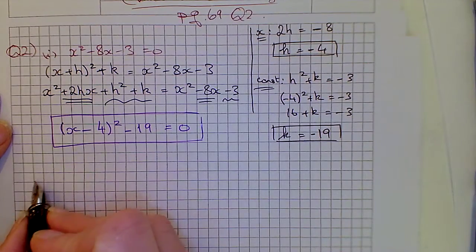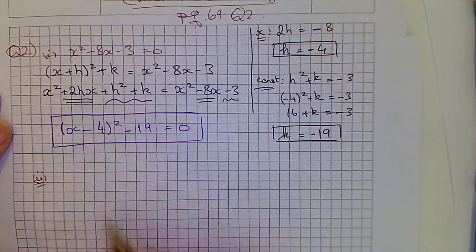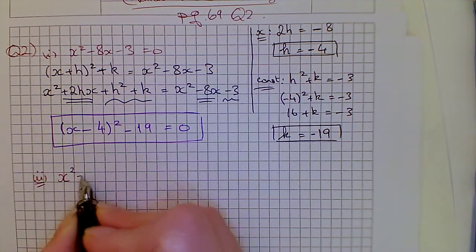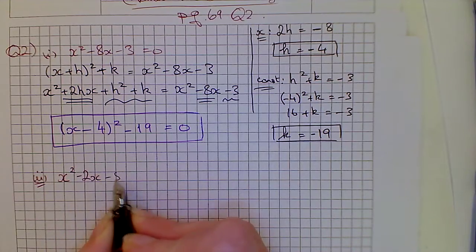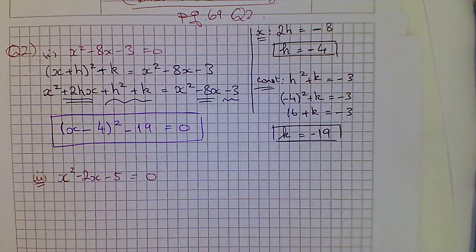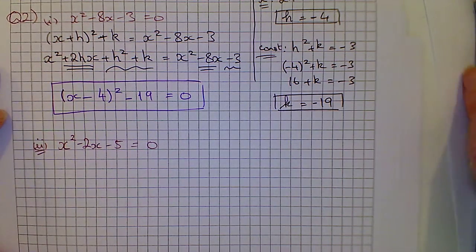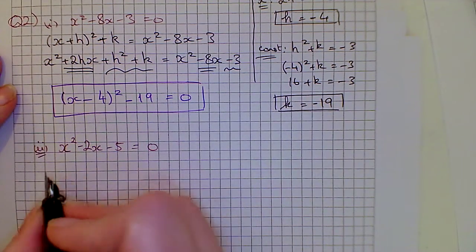If you're able to use the shortcut and do these faster, that's no problem at all. I'm going to keep working them out using this method though, because I feel like you can see where each part of it is coming from when you do this, and it can stop you making a mistake, which shortcuts sometimes do lead to.